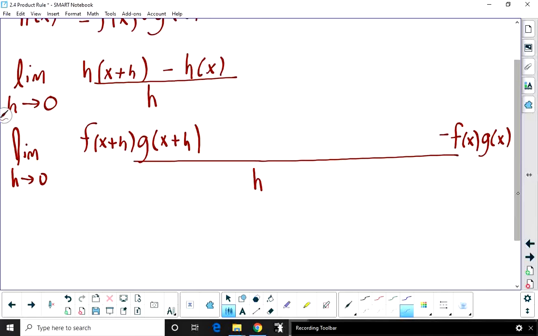I'm pretty sure I wouldn't be able to come up with it on my own. Somebody somewhere along the way worked at this for a very long time and thought, well, how can I figure out what this is? And they decided that what they would do in here is they would subtract g of x plus h f of x and immediately add g of x plus h f of x. Why?